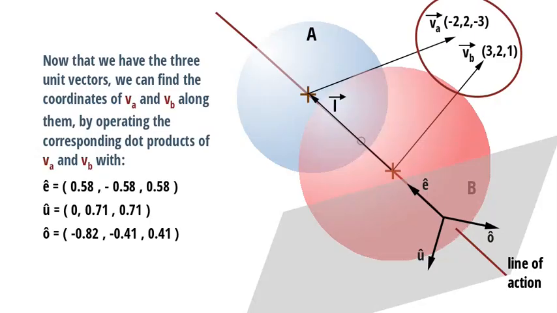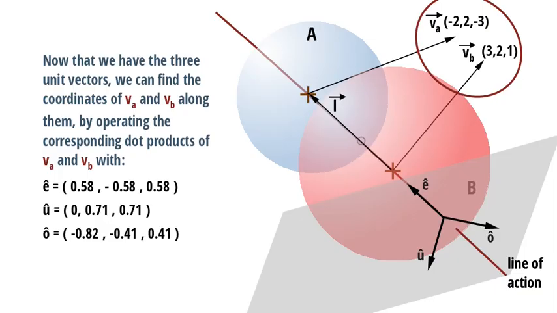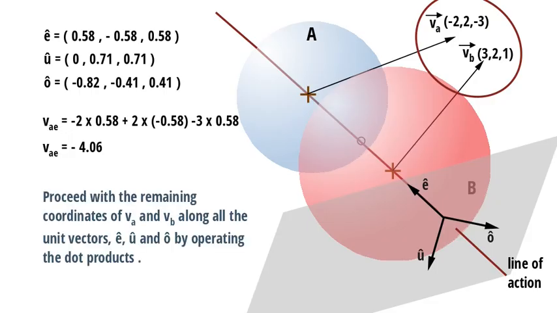Now that we have the three unit vectors, we can find the coordinates of VA and VB along them by operating the corresponding dot products. Here you have the coordinate of VA along unit vector E, v_A,E. Proceed with the remaining coordinates of VA and VB, along all the unit vectors E, U and O, by operating the corresponding dot products.